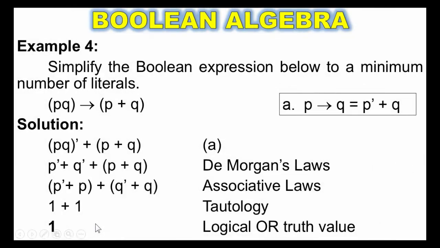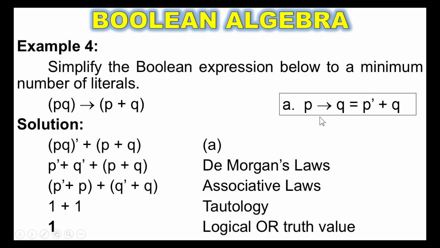Example number 4. Simplify the Boolean expression below to a minimum number of literals. If quantity P and Q, then quantity P or Q. To simplify this Boolean expression, we examine the Boolean expression from left to right. And then we can apply the other logical equivalences.